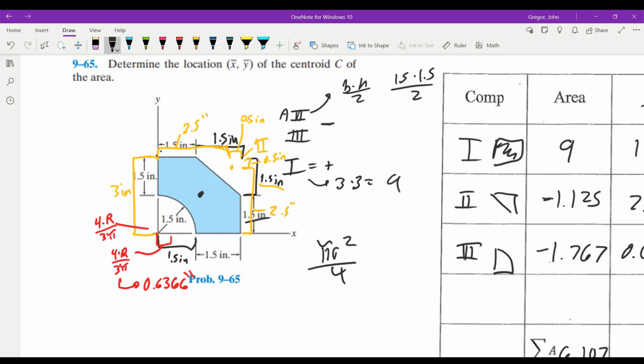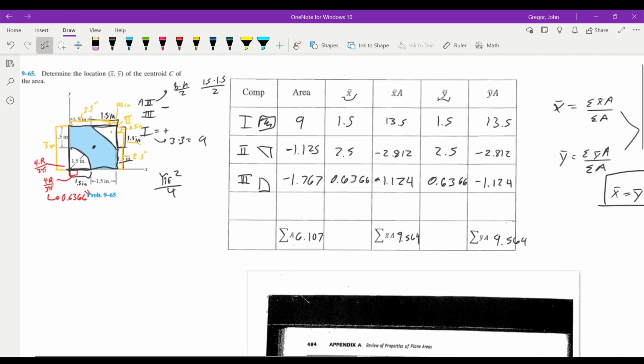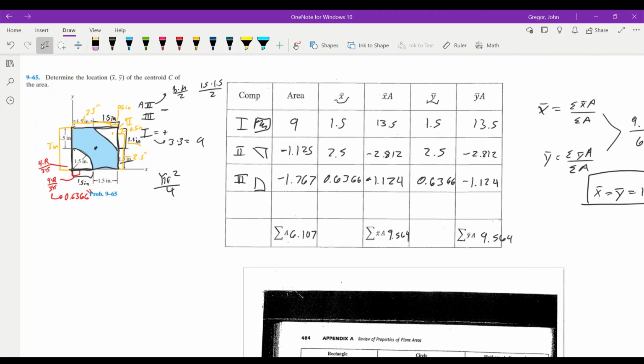You have the square base being cut by this quarter circle and this triangle over here in this corner. And that's it for this problem. Again, it's real easy to put it into this nice chart to get everything, and this gives you everything you need to solve this centroid.